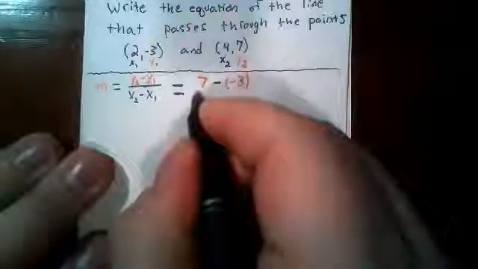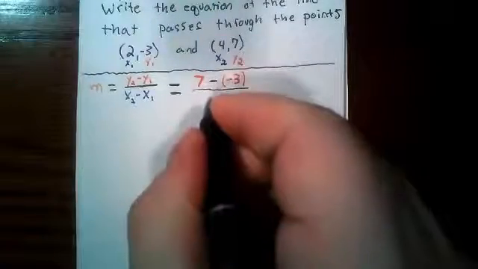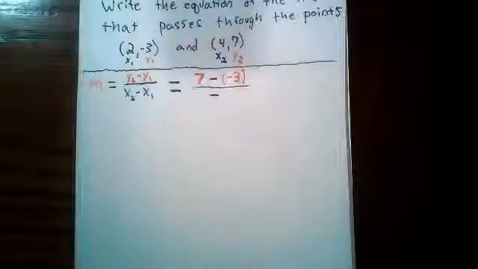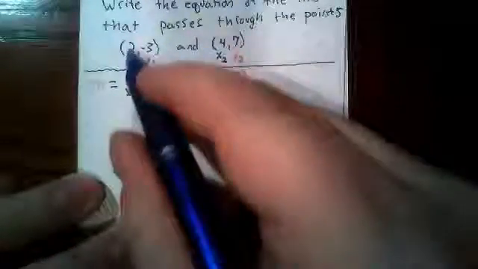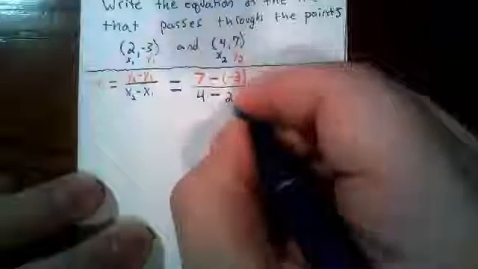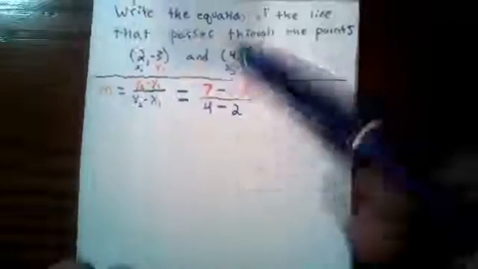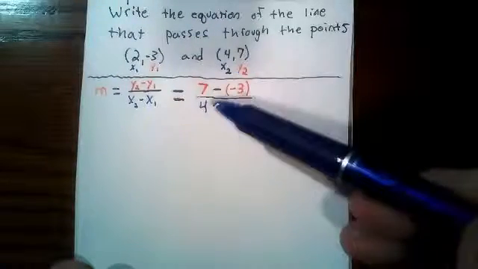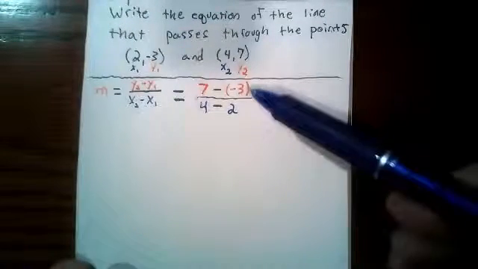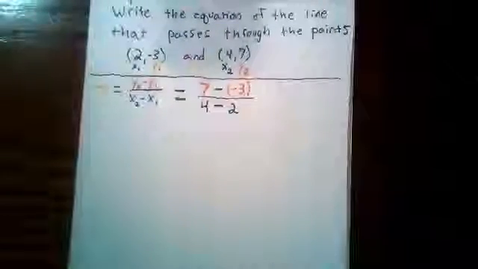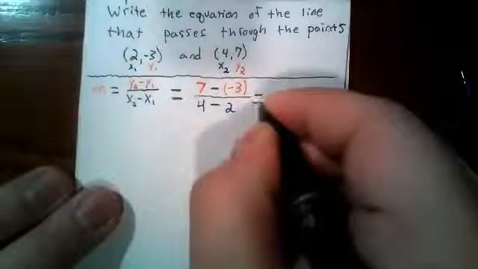And that's all over x2 minus x1, which is going to be 4 is my x2 value, minus 2. And you can always double check whether or not you used your points correctly, because this is the point (4, 7), so I should have a 4, 7. This is (2, -3), so I should have 2, -3. And now that we have these numbers down, we're just going to use some arithmetic.